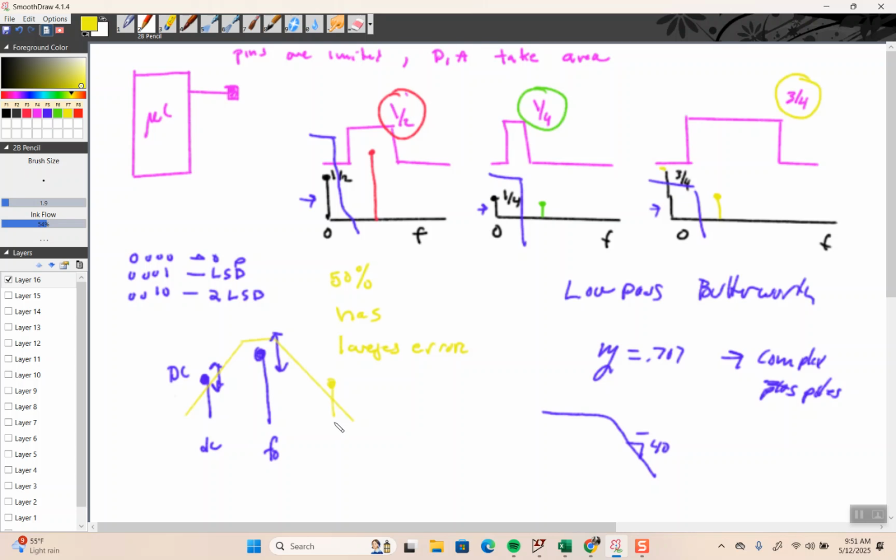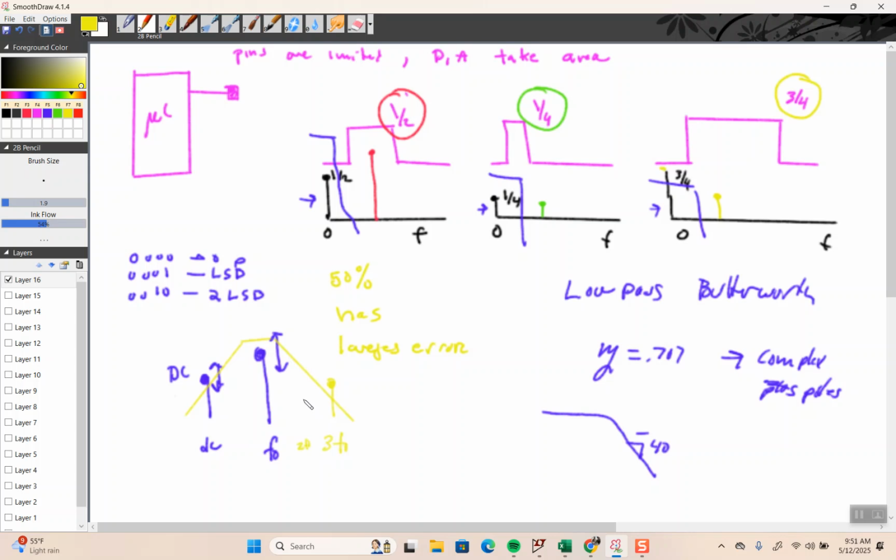So there's a couple of things, right? That's F naught. For 50%, the next one is 3 F naught. But for the other ones, you actually have 2 F naught. So you have something closer, right? What I remember is the 50% one, and the way it works is that only the odd frequencies have any energy in them.